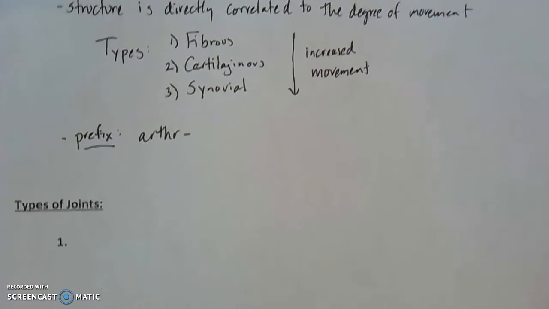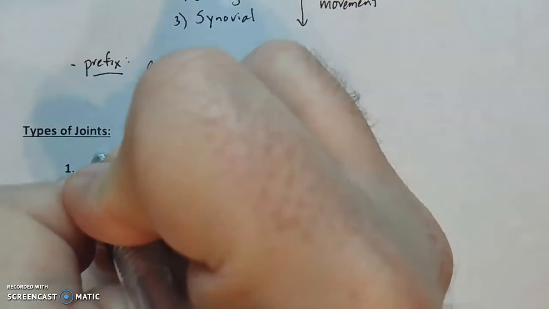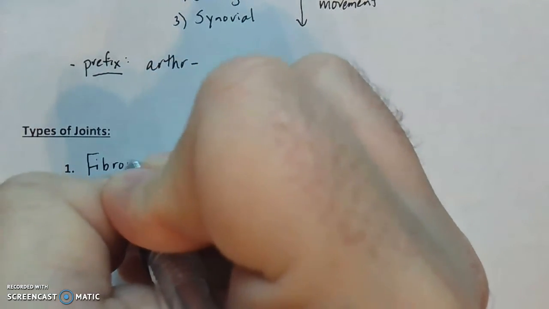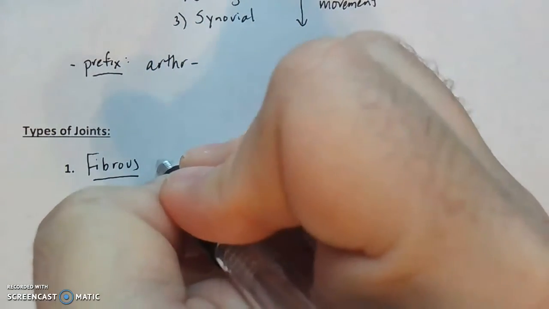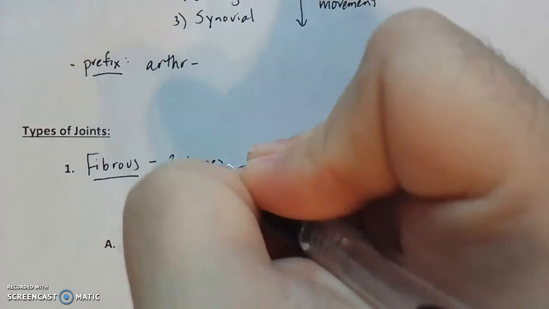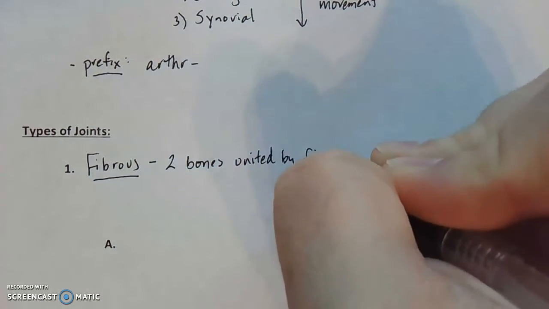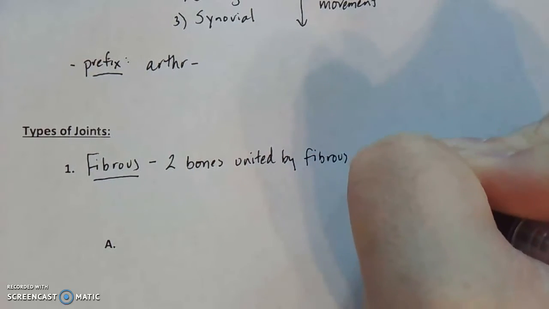So let's start looking at these different types of joints. The first one we're going to look at is a fibrous joint. So this is two bones united by fibrous connective tissue.